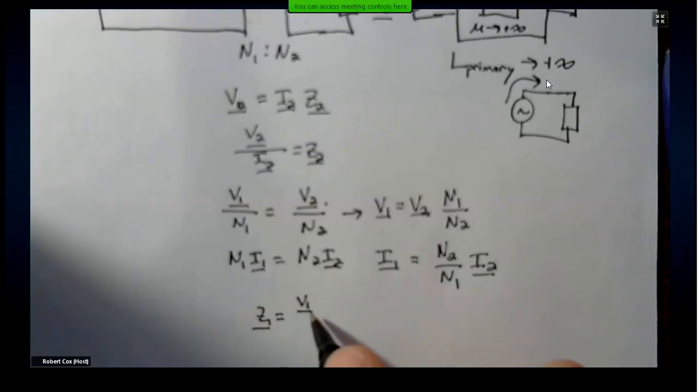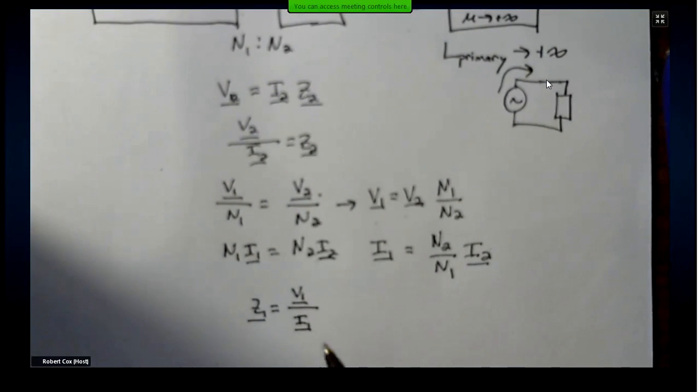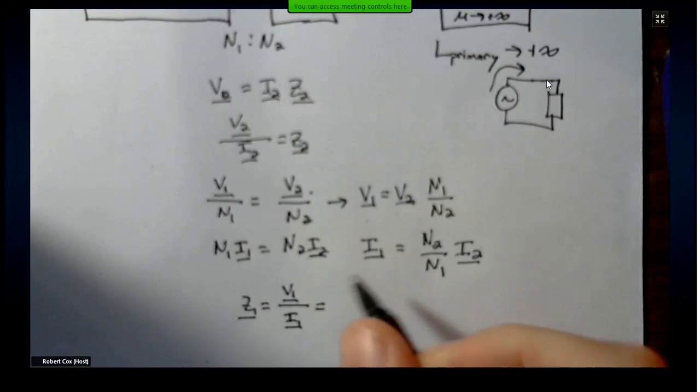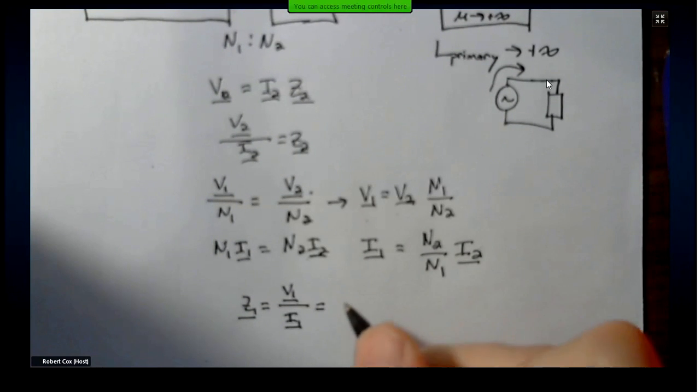And that impedance is like that. V1 over I1 is an impedance, as units of an impedance. And it's basically some impedance that created this relationship between voltage and current. So I do that by taking the ratio of those two things.